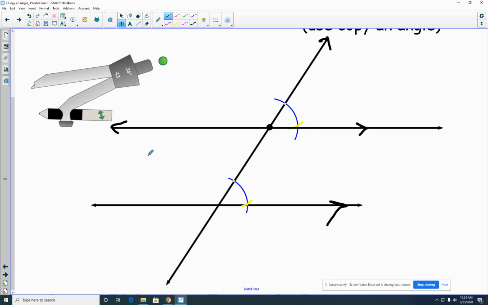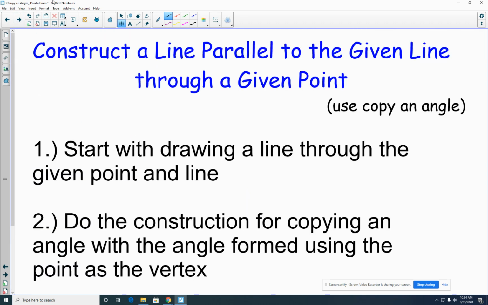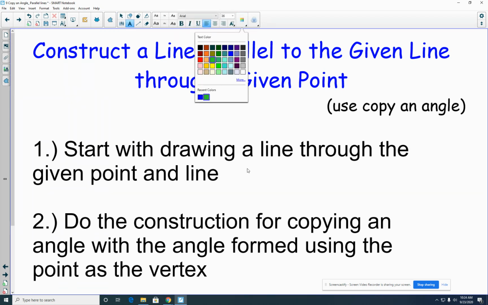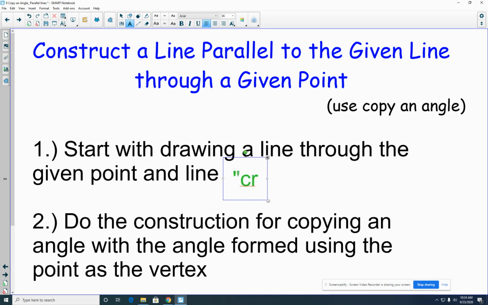All right, so let's see the steps that we did. First, we started by drawing a line through the given point and the line. We created the angle here. Right? You need step 1 to actually create the angle. Maybe I'll put that here. You have to actually create the angle.